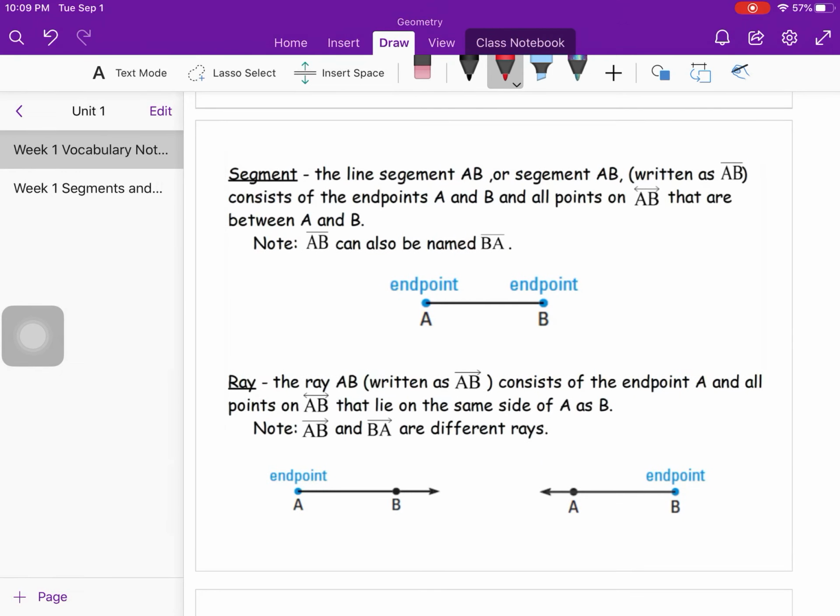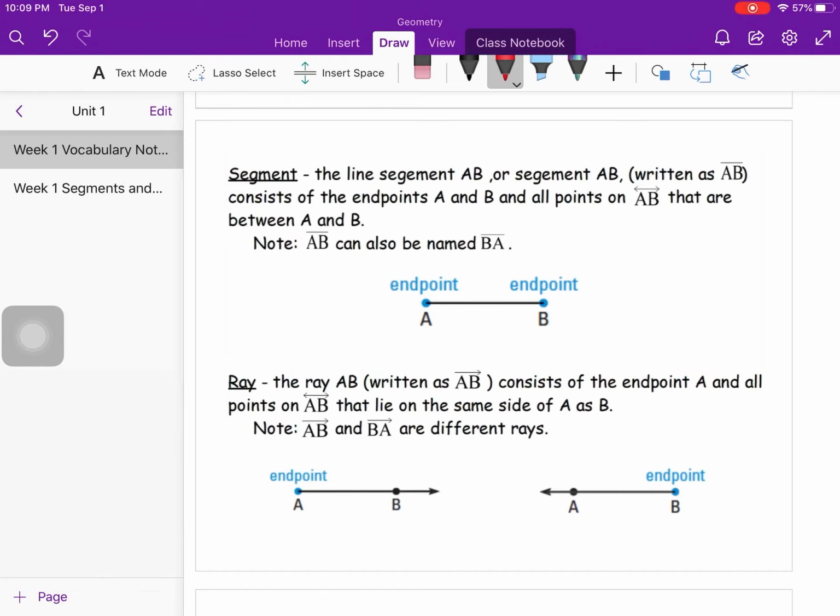A segment. The line segment AB, written as AB, consists of endpoints. Excuse me, I'm thinking of something different. But it's written as AB with a bar over top.